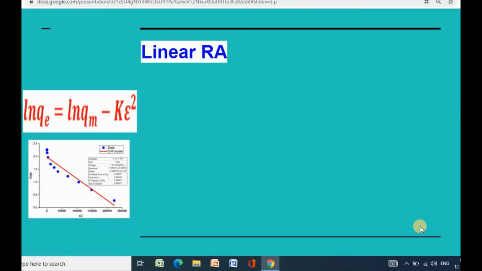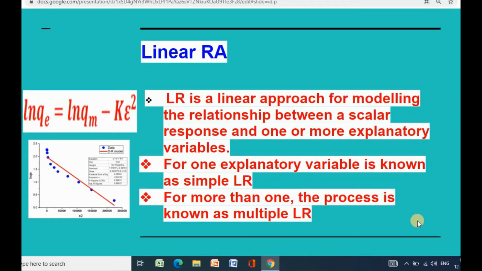Now, regression analysis is of two types. One is linear and another one is nonlinear. Linear regression is a linear approach for modeling the relationship between a scalar response and one or more explanatory variables.